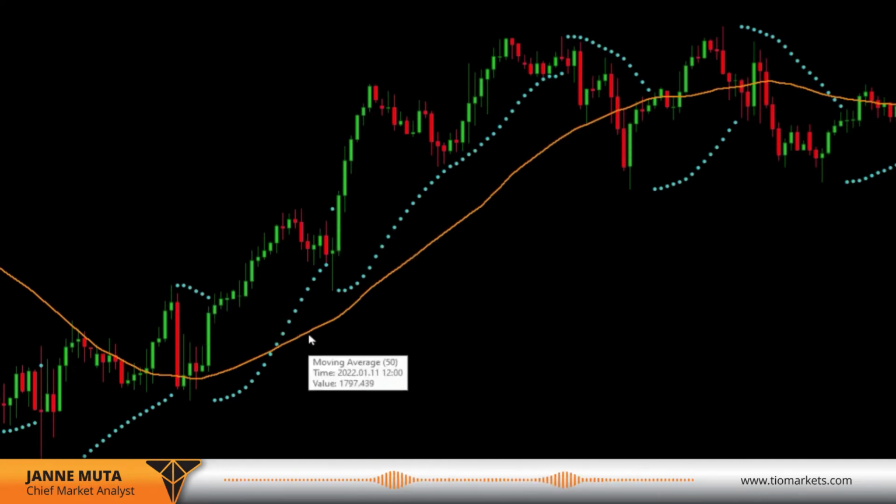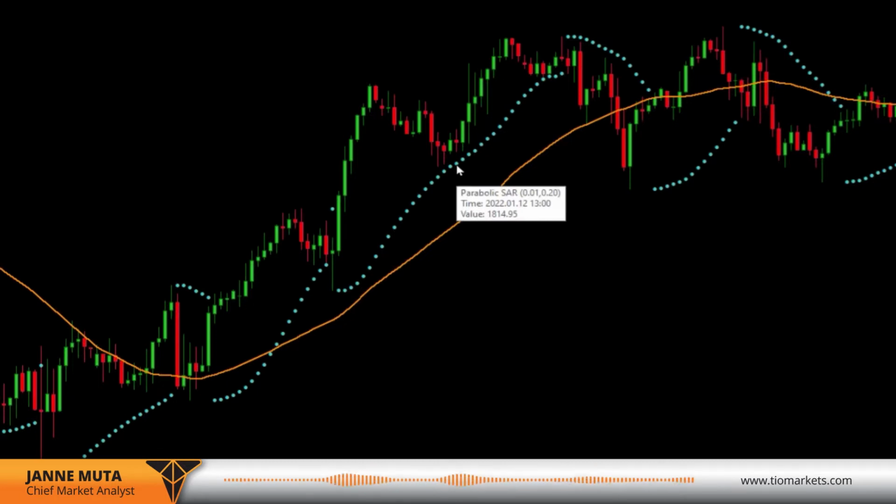So the way you can use this is you look for long positions when you see this happening. First of all, the price is above the moving average. You could also pay attention to the fact that the moving average is pointing to the upside, and also that most of the dots in parabolic SAR are below the price. Then you look for long opportunities, and obviously you can have several different strategies in this up move.